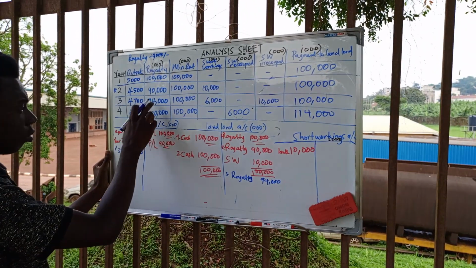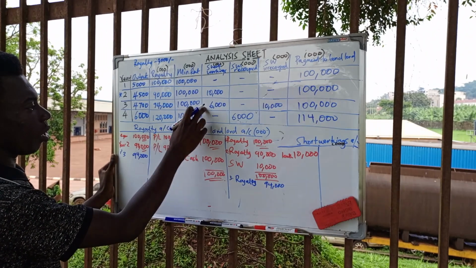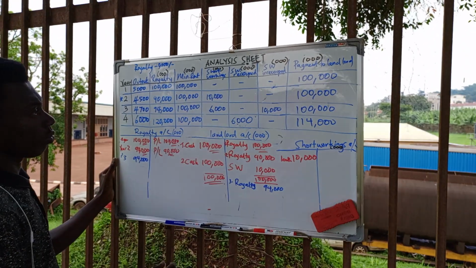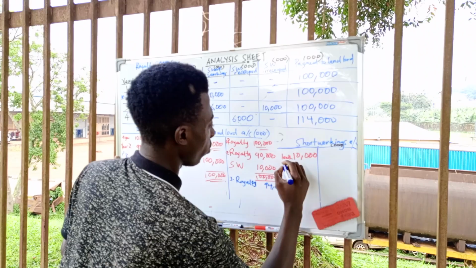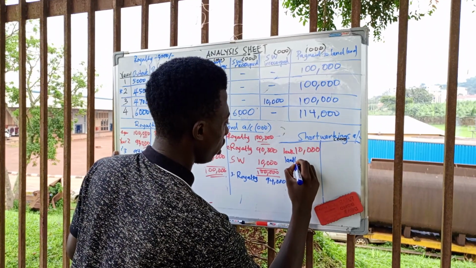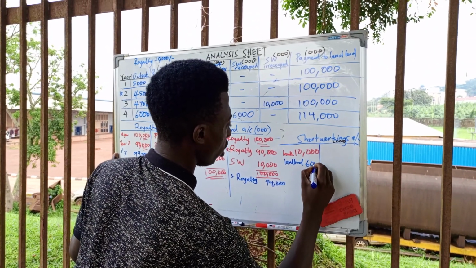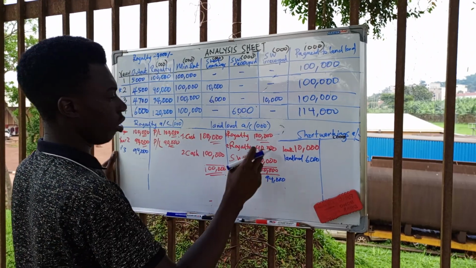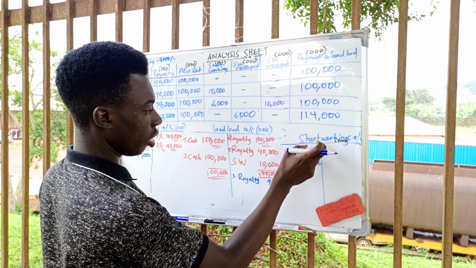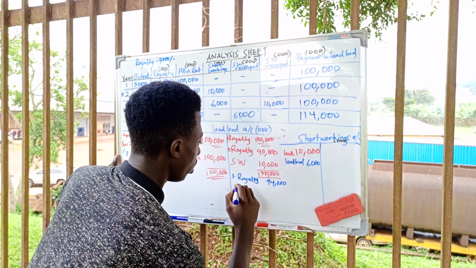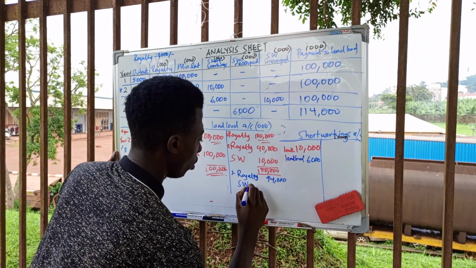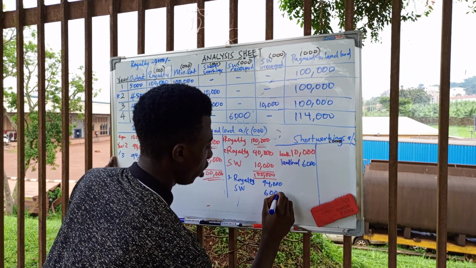Then I go ahead to look for the short workings. The short workings, of course, are expenses. We debit them, with the landlord as the detail, which is 6,000. Then when you debit short workings, you recognize the liability increasing because you have to cater for those short workings, which is 6K.